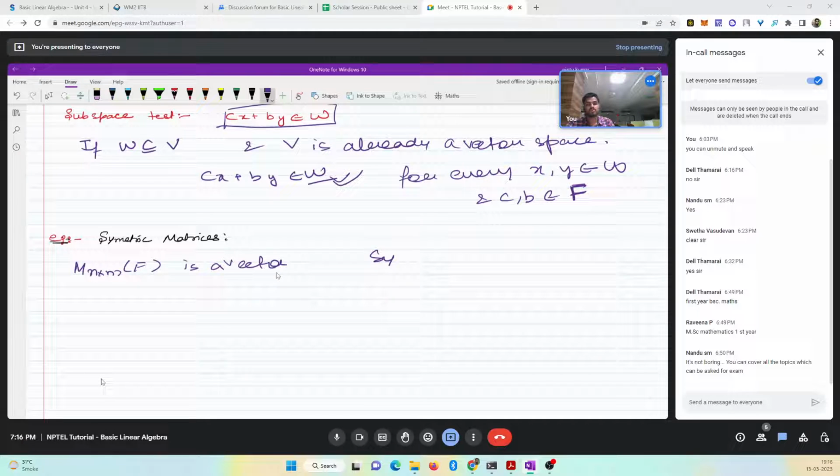So we just need to check this property now. So let's say x, y belong to this S m cross n. I'm using this to denote the set of symmetric matrices.